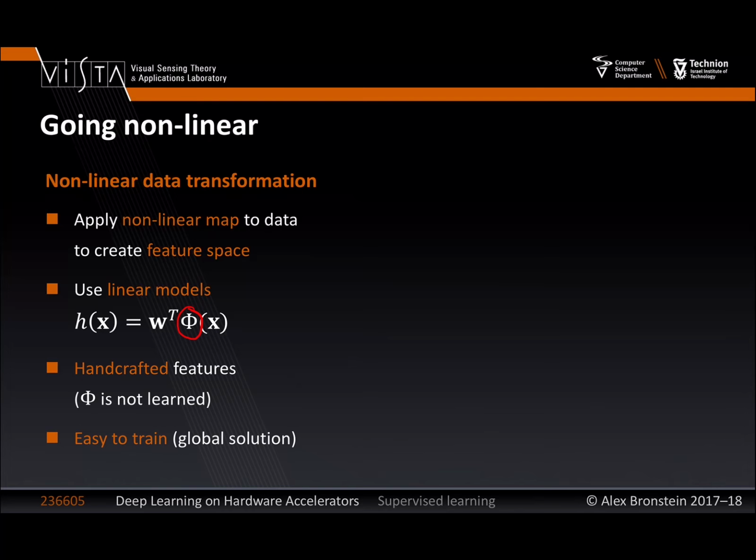One more interesting thing is that what is written here is essentially an inner product between W and phi of x. If you do your algebra carefully, you will see that you actually don't need the phi itself. You just need an inner product with the phi, an inner product in that high-dimensional feature space.